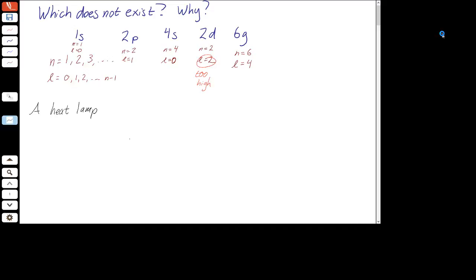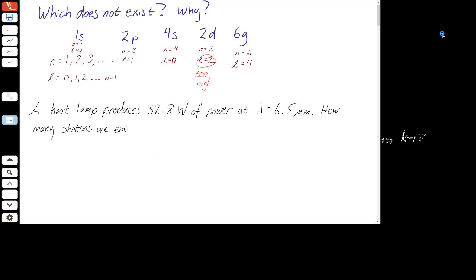A heat lamp produces 32.8 watts of power at a wavelength of 6.5 micrometers. And we'll talk about watts and what that means. How many photons are emitted per second?